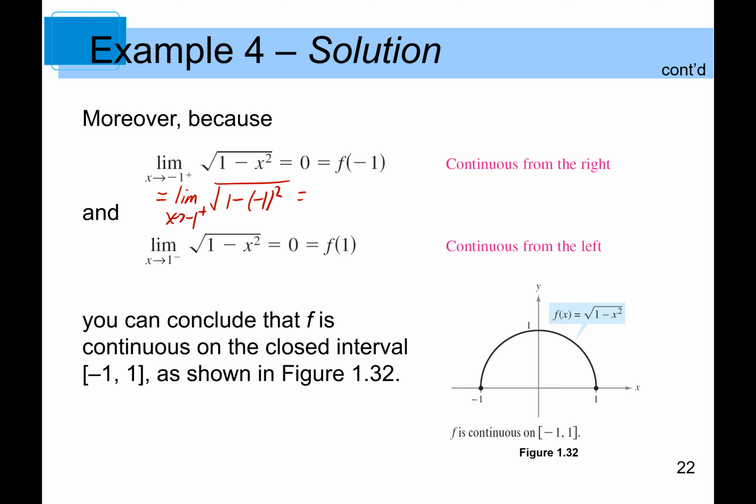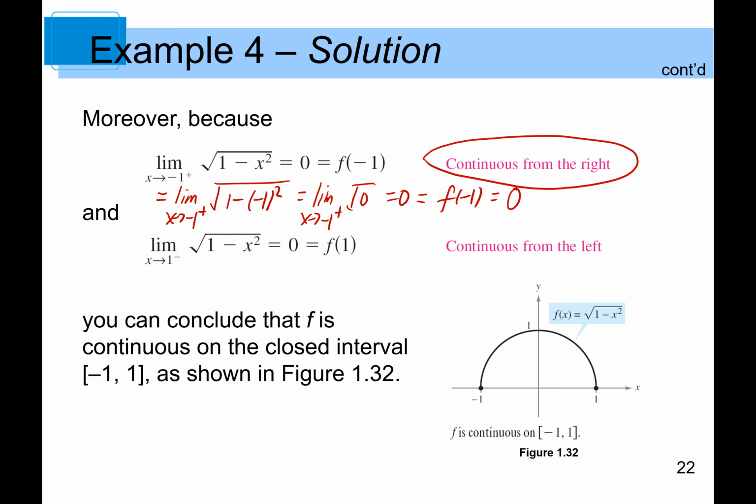We have the limit as x approaches -1 from the right equals the square root of 0, which is 0, right? And this equals f of -1. f of -1 is also 0. So that means it's continuous from the right. We also need to calculate the limit as x approaches 1 from the left-hand side to verify the continuity on the left.